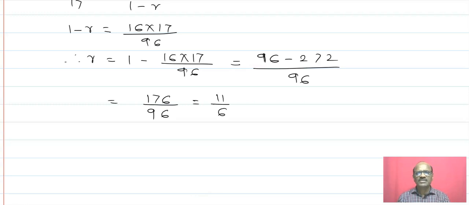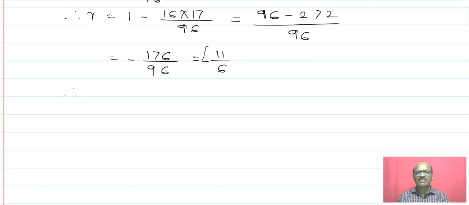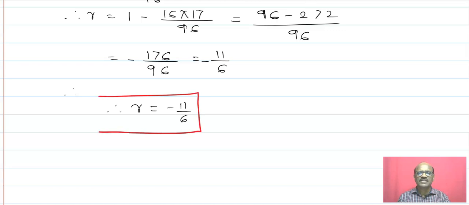And again, after the simplification, you will get minus 11 upon 6. Therefore, r is equal to minus 11 upon 6. This is the ratio.